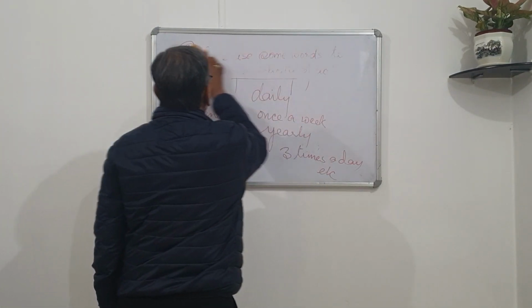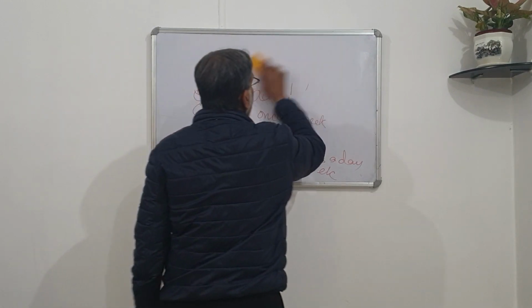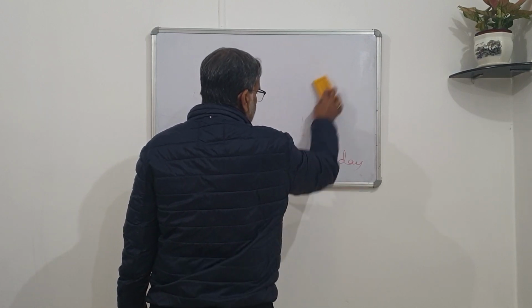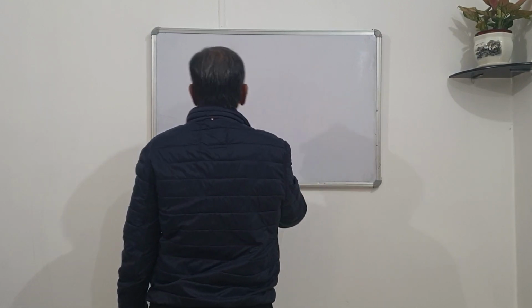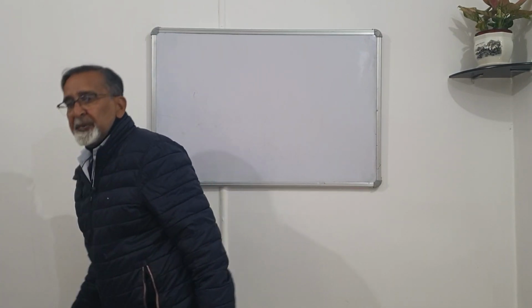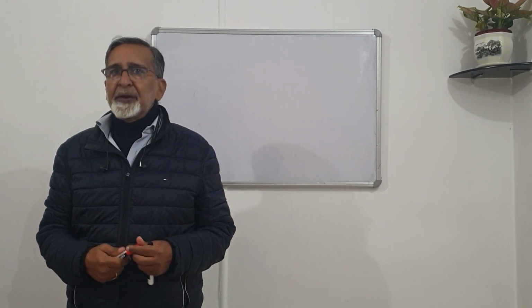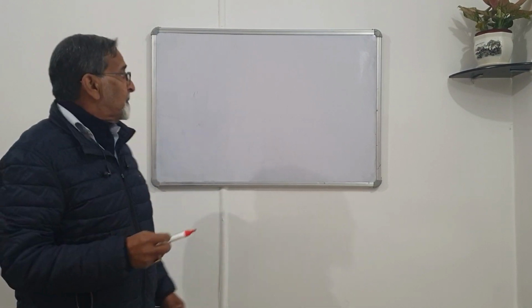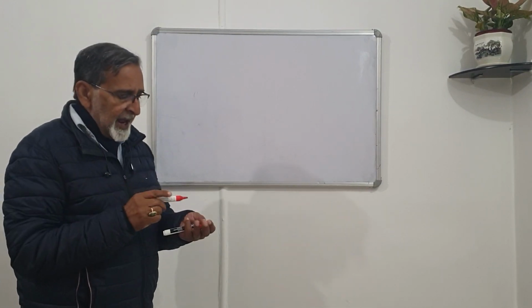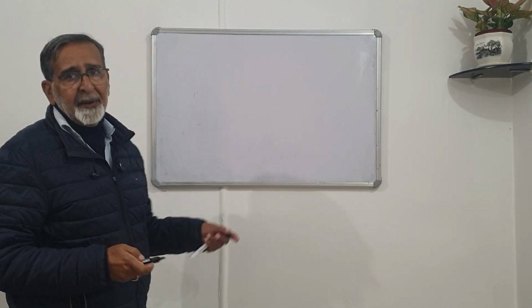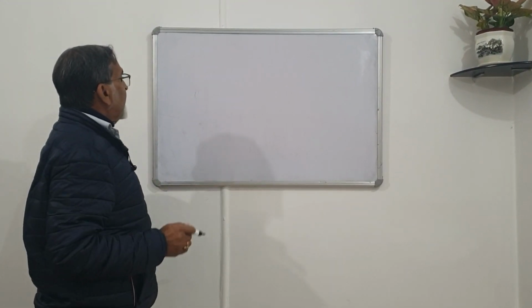Now this is where the tense is used. You've also learned what are the special words used in this tense. So now we are going to learn the verbs that we use in this tense. Now here I will make a small diagram which you should copy, it will be very useful. Here it is.